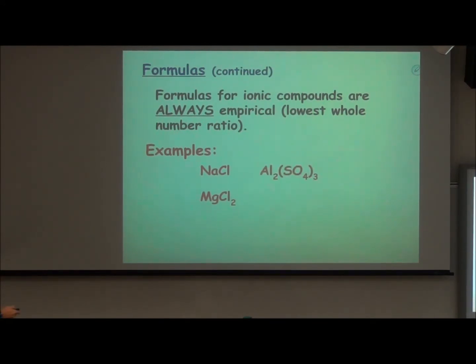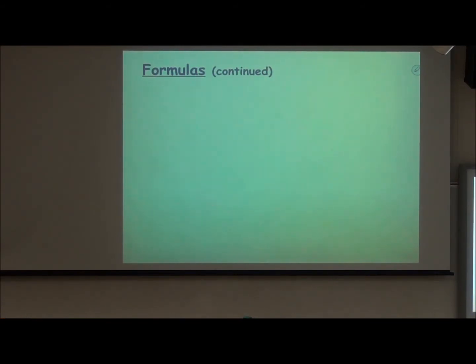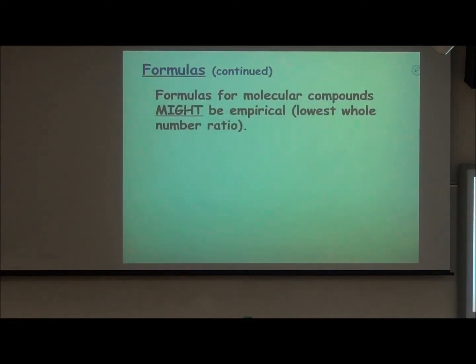Aluminum sulfate, there's going to be 3 sulfate ions for every 2 aluminum ions. Can't simplify that down anymore and keep whole numbers in there. Same with potassium carbonate. So ionic formulas are always given as empirical. If I'm going too fast, let me know.